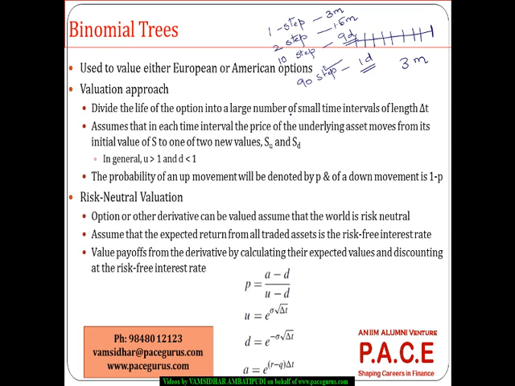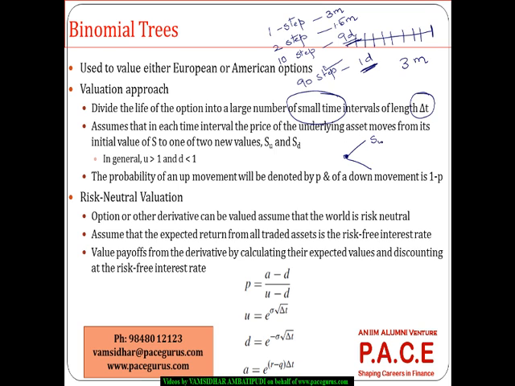So I divide the life of the option into a large number of small time intervals of length delta t. Here the delta t is 1 day, here it is 9 days, and so on. In each interval, I look at the two moves for the underlying asset.